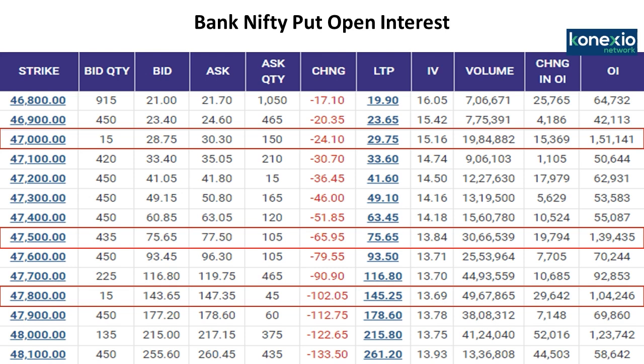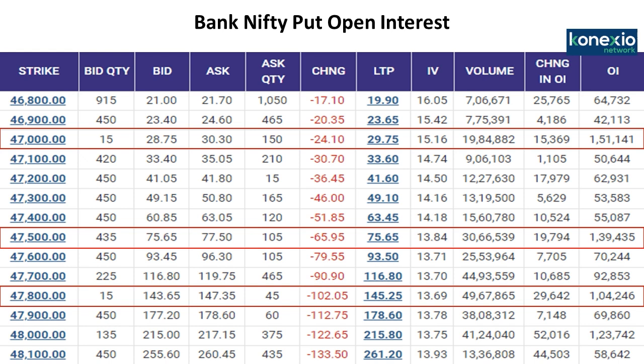Now, one more important thing which I would like to highlight is that FIIs have been buying left, right, and center for the last couple of trading sessions. On Friday also, the FIIs bought worth 9,000 crores in the cash segment.